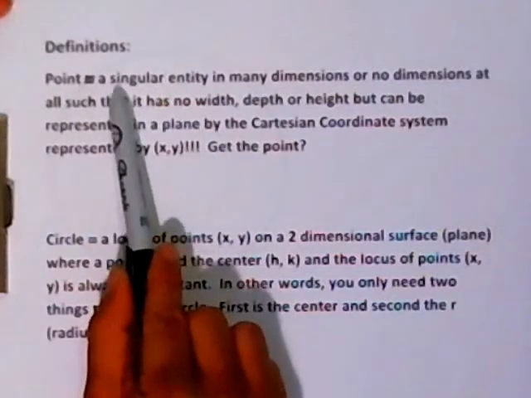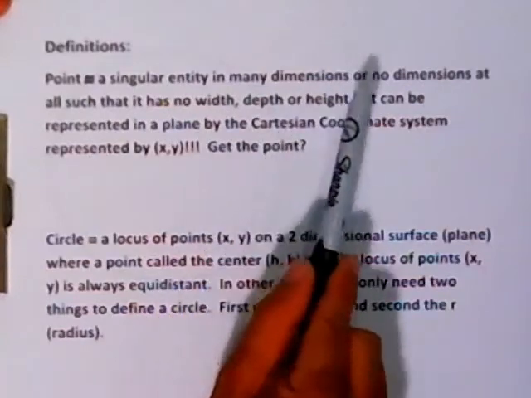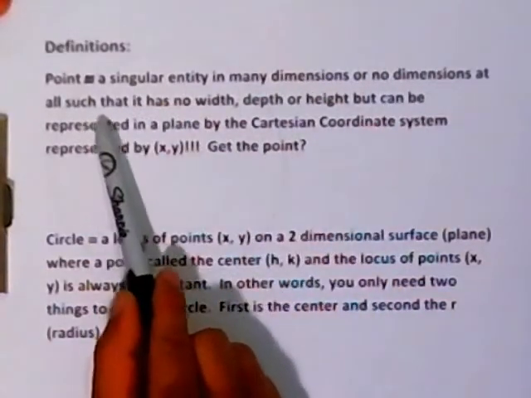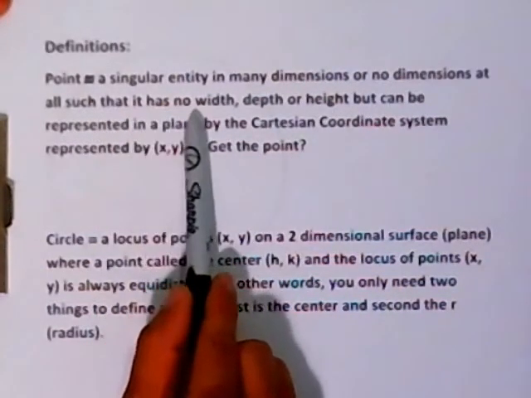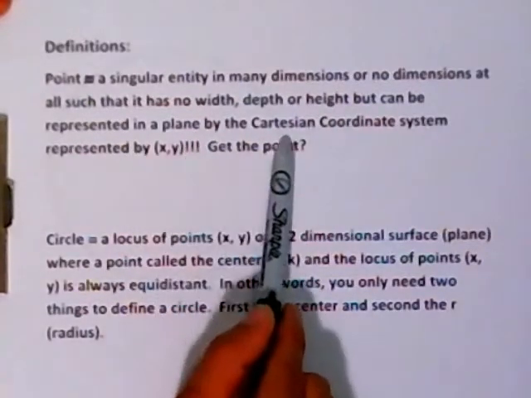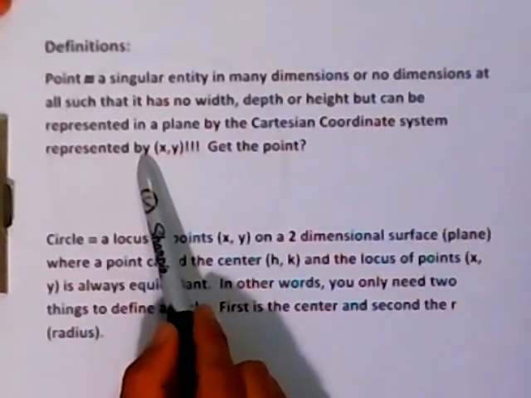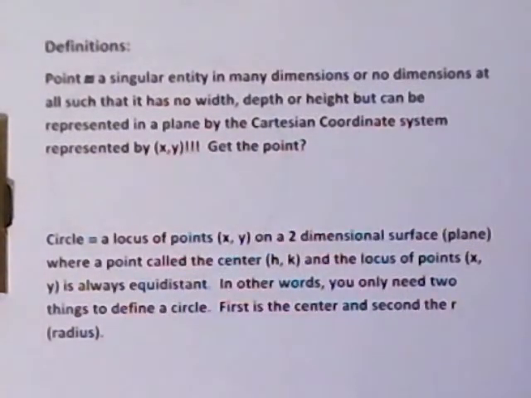A point is defined as a singular entity in many dimensions or no dimensions at all that has no width, depth, or height, but can be represented in a plane by the Cartesian coordinate system by x, y. What did I just say?